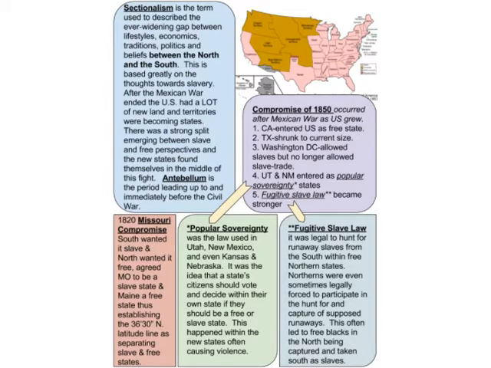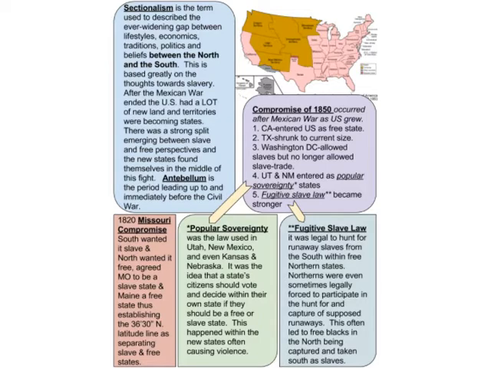So first, popular sovereignty. Popular sovereignty was the law used in Utah, New Mexico, and then even Kansas and Nebraska. It was the idea that a state's citizens should vote and decide within their own state if it should be a free or slave state. As this territory was going to become a state as part of the United States, the people living within those borders would vote and decide themselves.